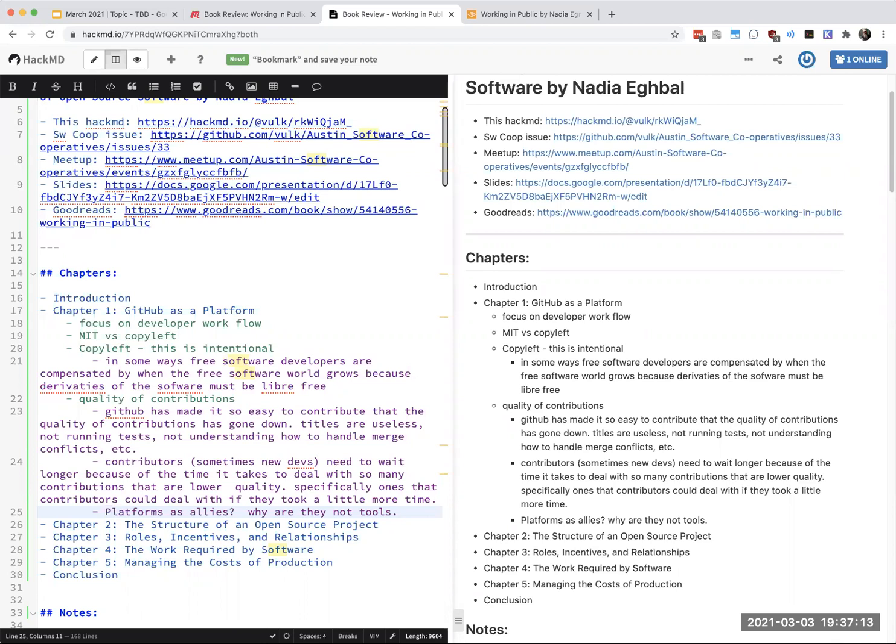There's a shift in language as the book goes on, but I had a hard time personally with some of the language at the start, talking about platforms as allies, or platforms as tools. Now, if you think of not the platform, but the organizations engaged, if you think of GitHub as an ally and relationships, that makes more sense. You see that later in the book, but some of the language ties in with those tendencies. I have a lot more comments on that one, but I'm not going to copy it all in.